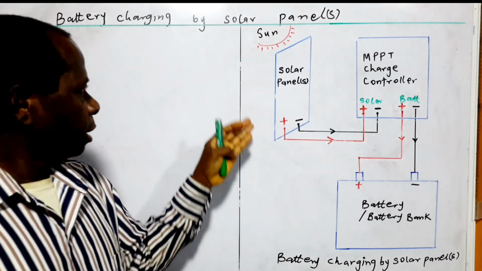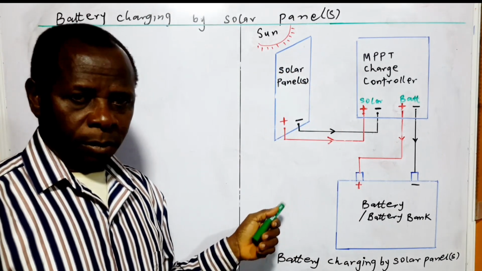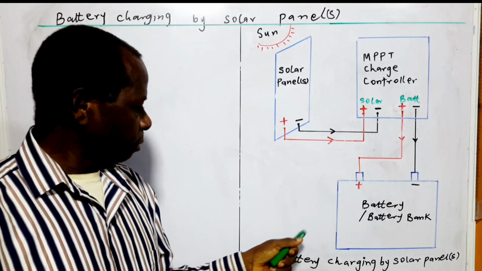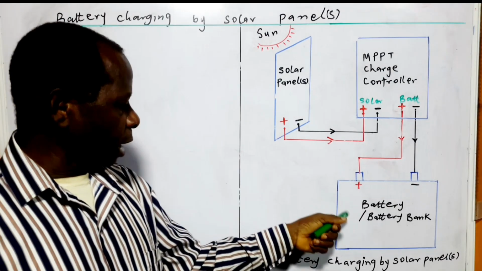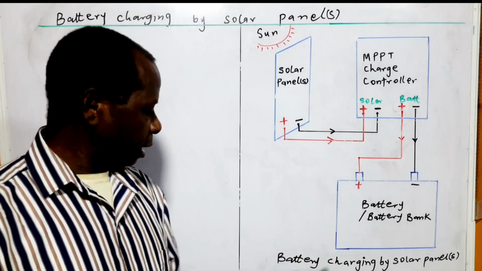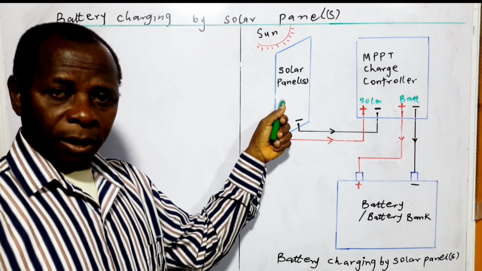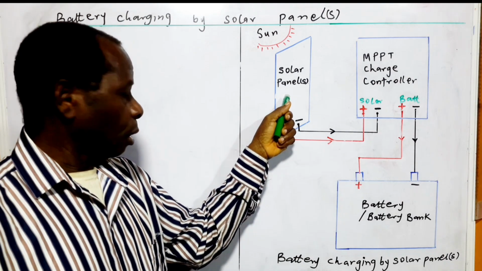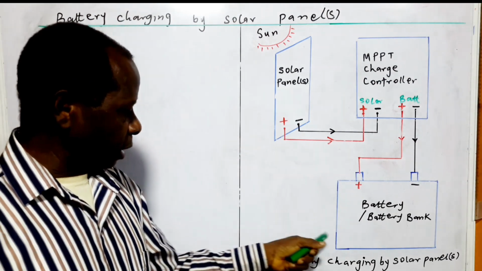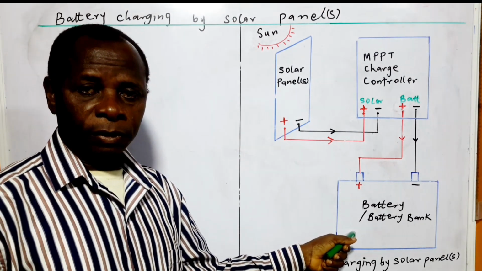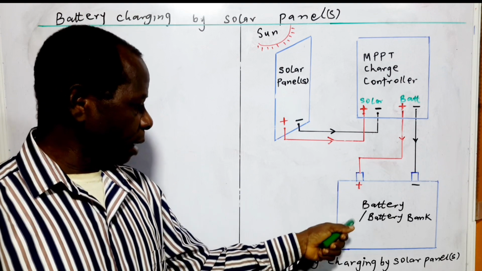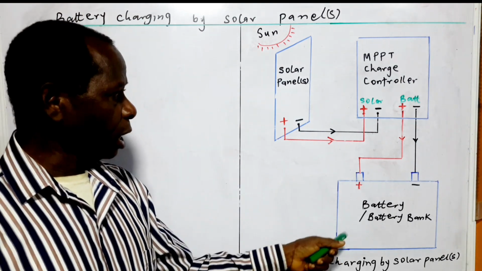Here is the schematic diagram or the wiring diagram of how to charge a battery or a battery bank by solar panel or a combination of solar panels, depending on the capacity of the battery or the battery bank to be charged.